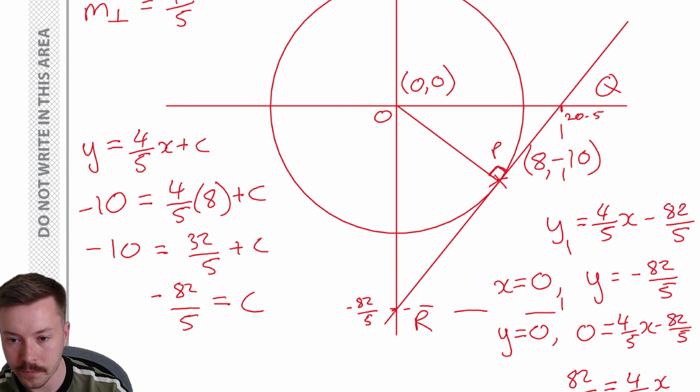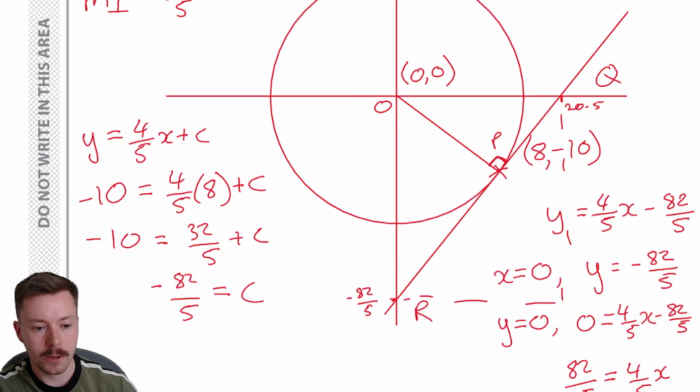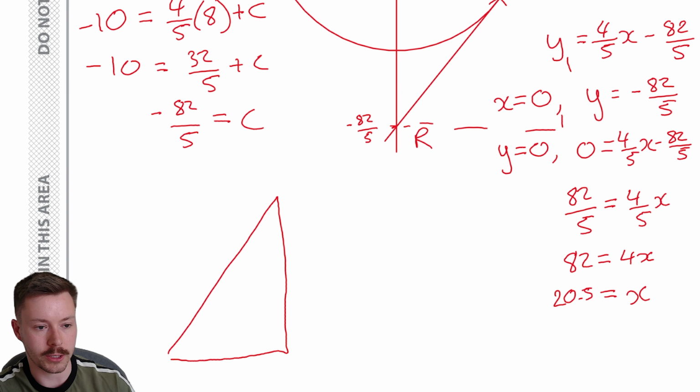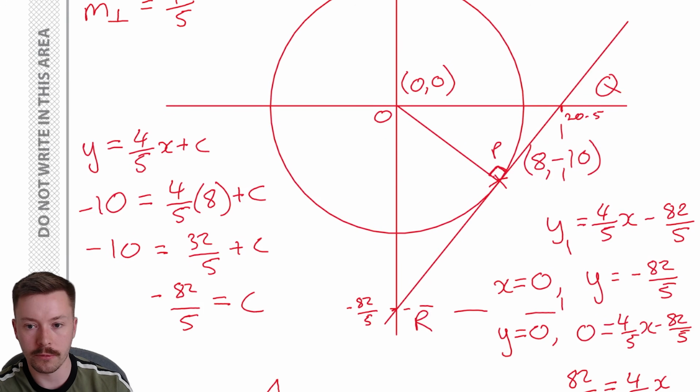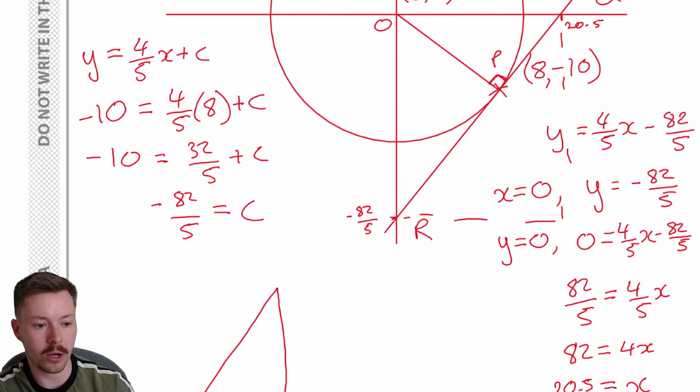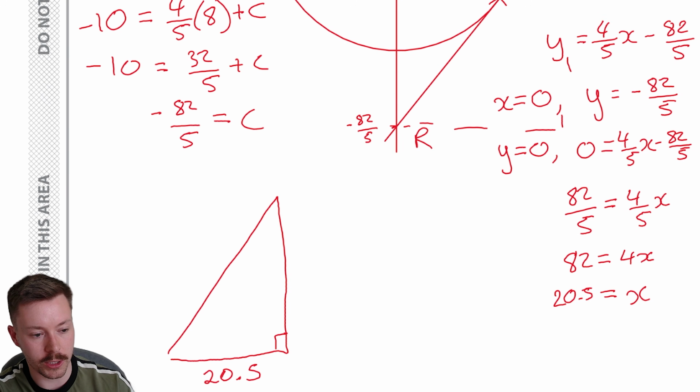So let me delete that. Okay, I'll do a sketch here. So that's got a width of 20.5 and it's got a height of 82 over 5, which is 16.4.